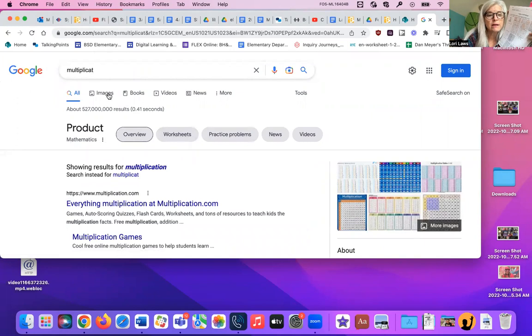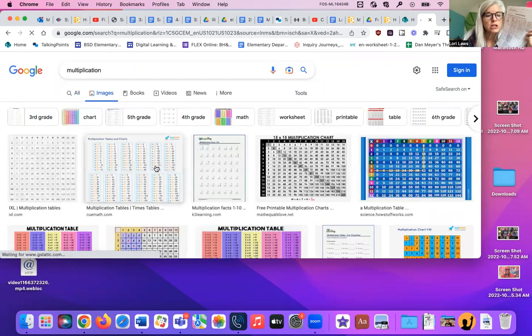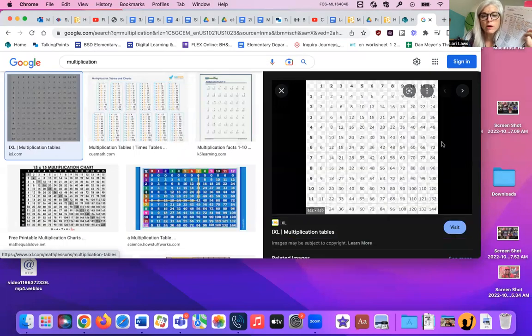Okay, multiplication table, there's what it's called. That way, when you want to know what 4 times 7 is, you can go to the 4 and then go down to the 7 and you see the 28 on there. So open one of those charts so that you have that handy.